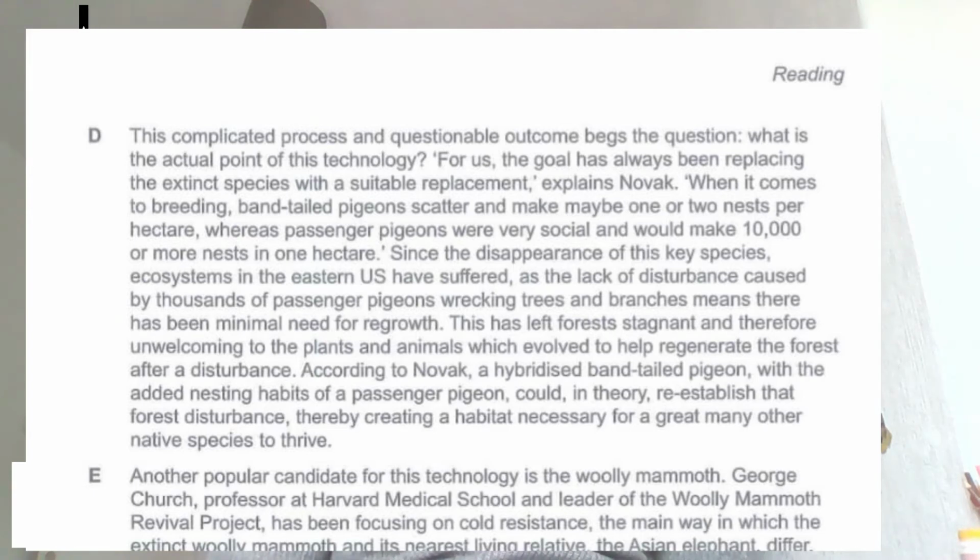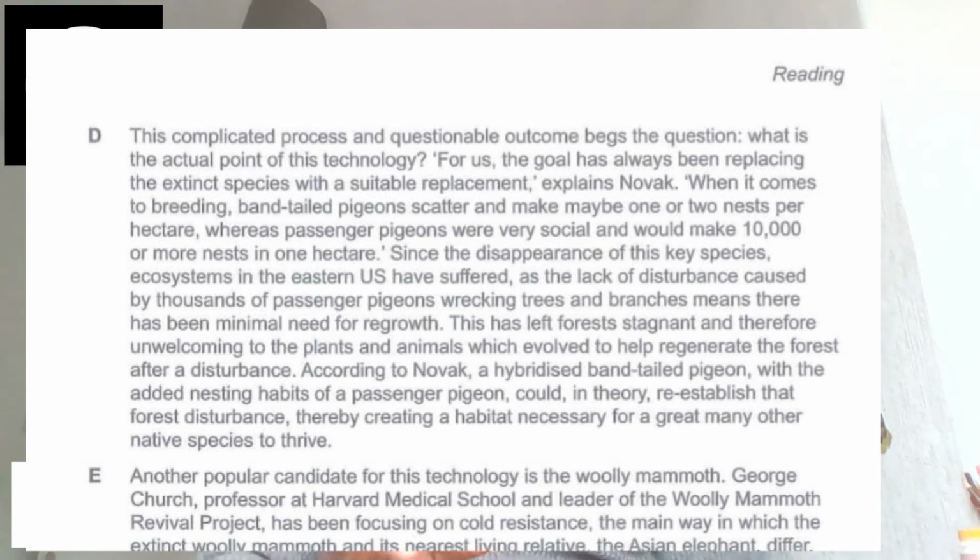According to Novak, a hybridized band-tailed pigeon with the added nesting habit of a passenger pigeon could in theory re-establish that forest disturbance, thereby creating a habitat necessary for a great many other native species to thrive.